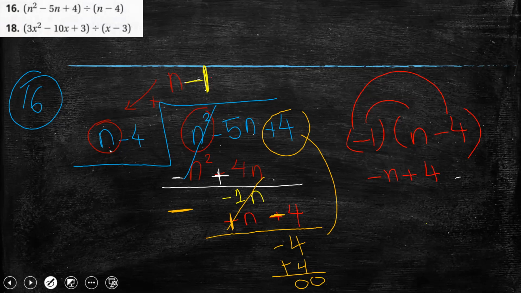So it will be n minus 1. So the answer, the quotient, is n minus 1. Is it clear now, Nida? And Huda? Yes, teacher, it's clear. Better than before. Okay.